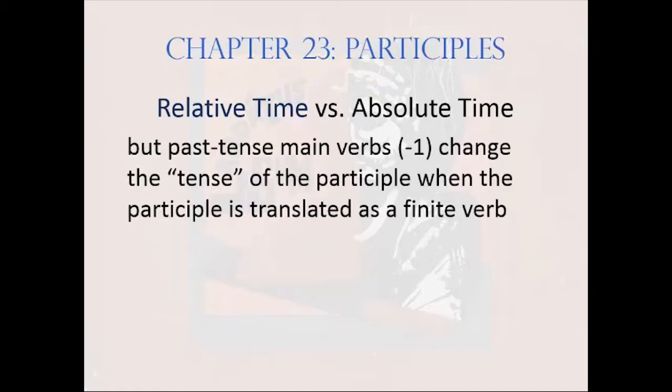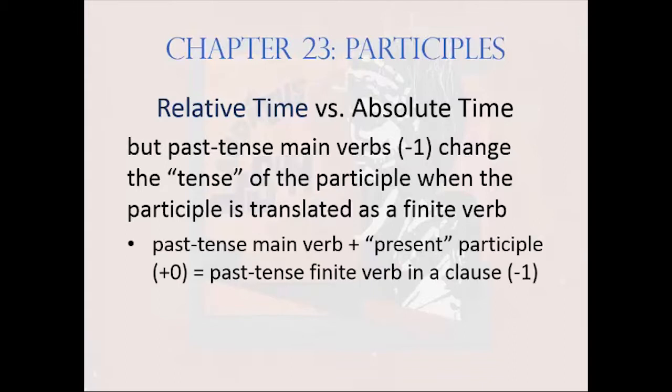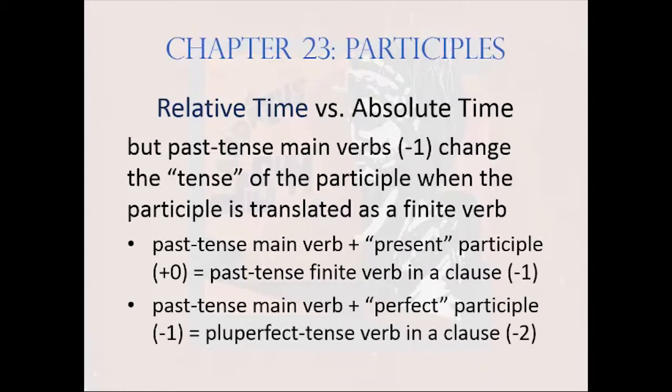But past tense main verbs do cause problems in moving between relative and absolute time. Their minus 1 time value shifts everything back one step into the past. With the past tense main verb, present participles happen in the past, minus 1. Perfect participles happen in the pluperfect, minus 2.